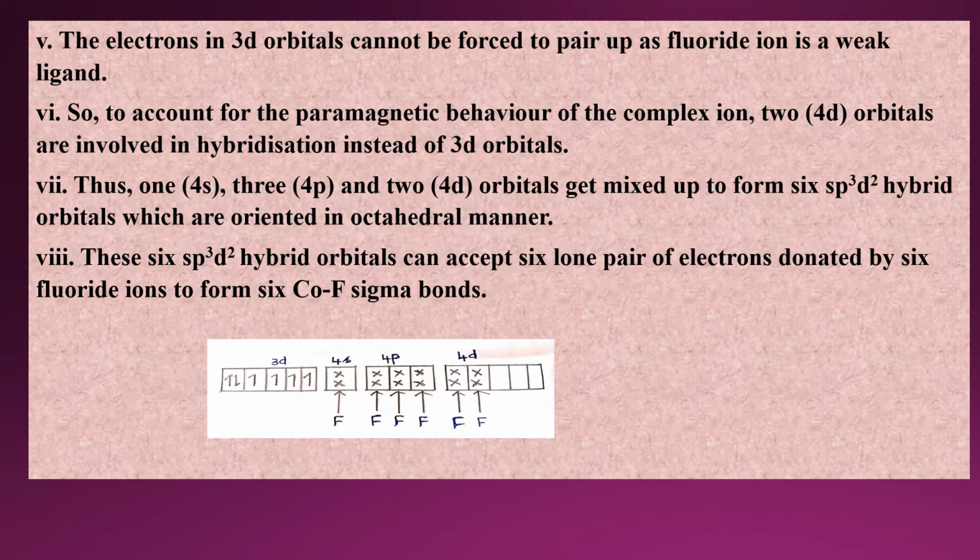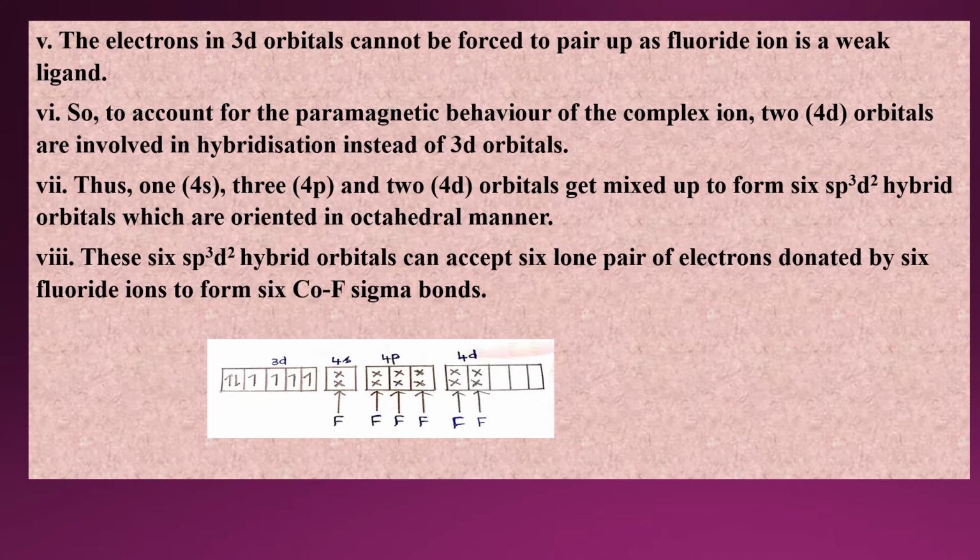The electrons in 3d orbitals cannot be forced to pair up. When will the single electrons pair up? In the presence of a strong ligand. But here the fluoride ion is the ligand and it is a weak ligand, and hence the single electrons in 3d orbitals cannot be forced to pair up.